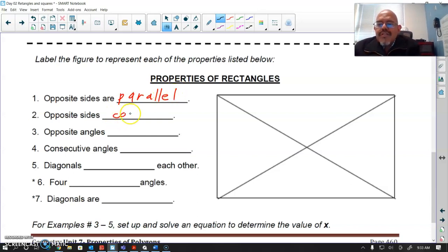Opposite sides are congruent. Opposite angles are congruent because they're all right angles. They're all congruent to each other anyway. Consecutive angles, well, they're also congruent, and supplemental.